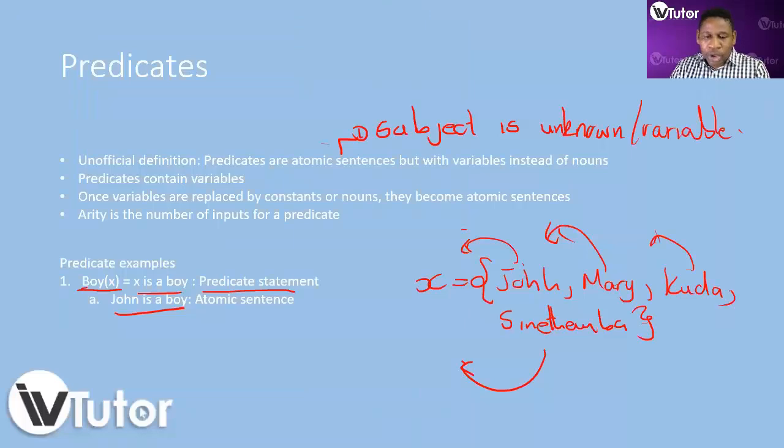In a predicate, we use a variable. And because there's a variable, predicates do not have true or false values.